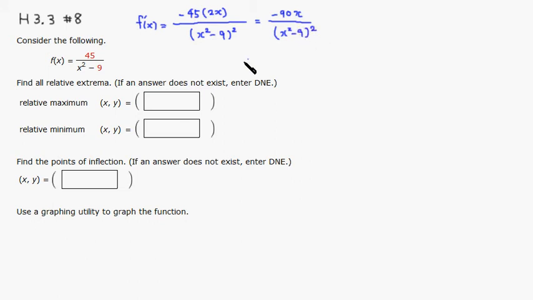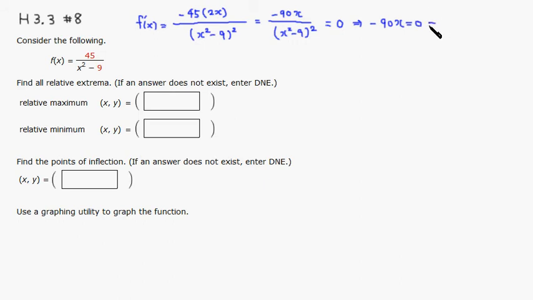squared. Right, then so we have a critical number, so we can just set that equal to 0. We can just set the numerator equal to 0, so it's negative 90x equal to 0.